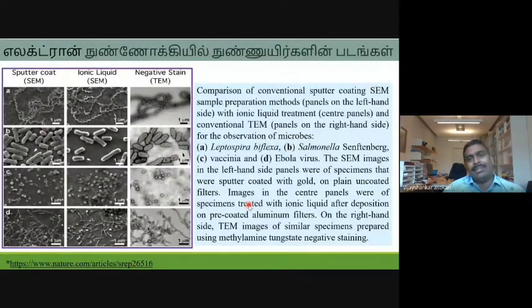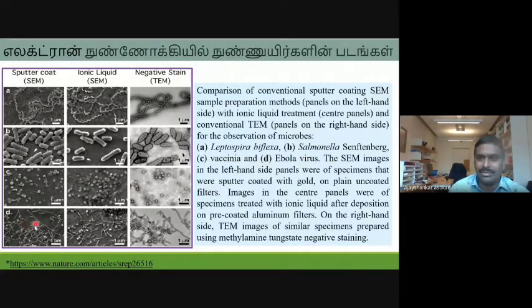So this is another example of how scanning electron microscopy and transmission electron microscopy are used together to derive information from virus particles, like different viruses such as salmonella, vaccinia or ebola viruses.